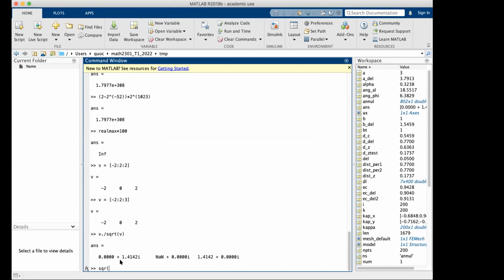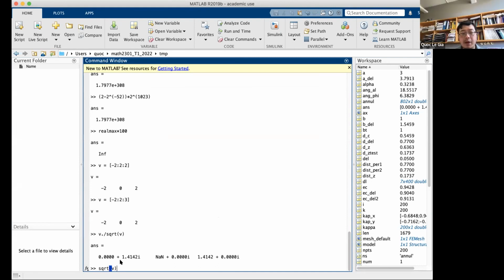If you take the square root of v element-wise, the first one gives you the square root of minus 2, which is i times square root 2, roughly 1.4142. The square root of 0 is just 0, and the square root of 2 is about 1.4. And when you take v dot-divided by square root v, it takes each element divided by the corresponding element. So here, 0 over 0 is not a number.